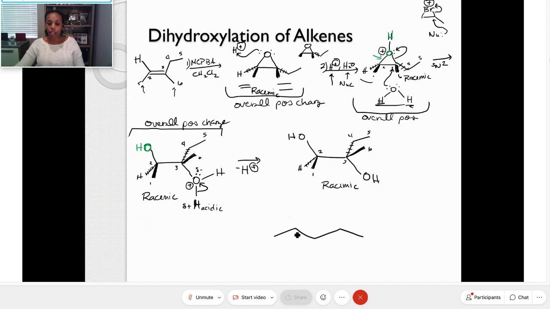So carbon 1, 2, 3, 4, and 5. So again, you have to be able to visualize this. So as it's drawn, I want to move basically my carbon 1 into the plane. So push it back just a little bit. As I nudge it back a little bit, the hydrogen ends up on the top, but in the back, and my OH ends up in the front.